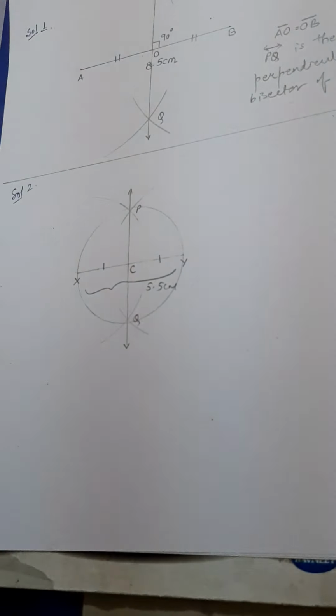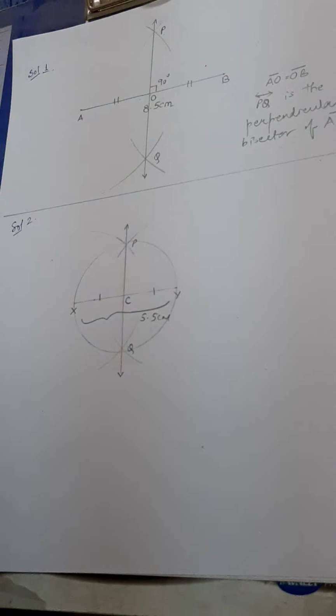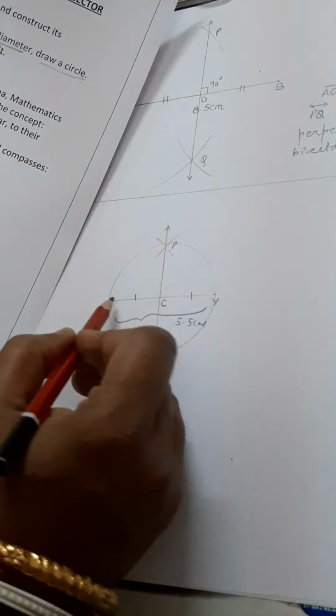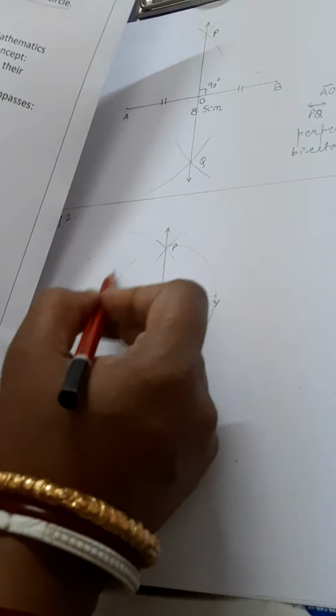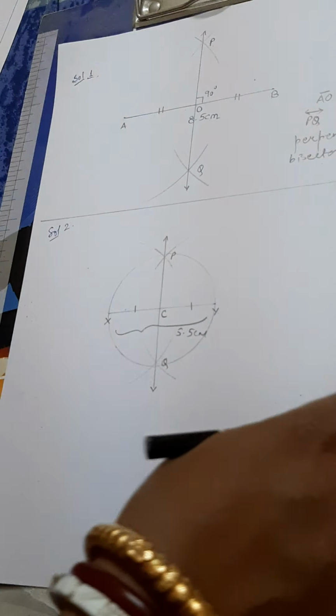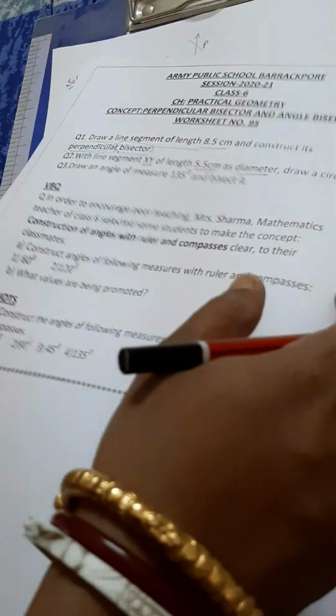So this is the circle and this is what we want. With a line segment XY of length 5.5 centimeter as the diameter, we have drawn a circle.